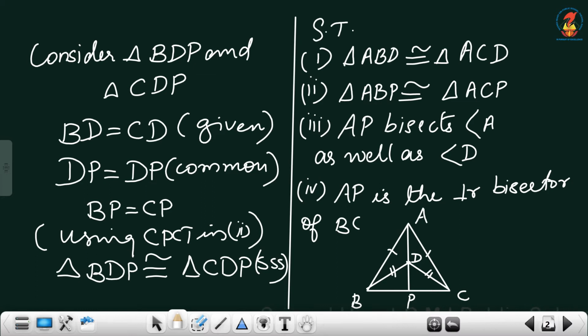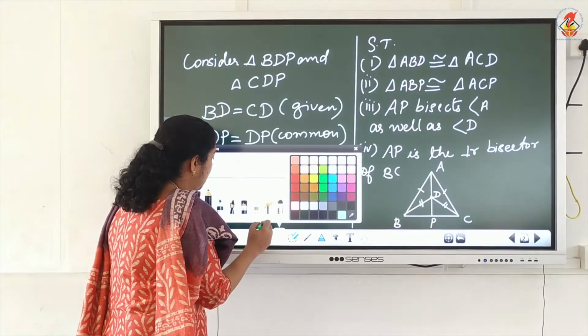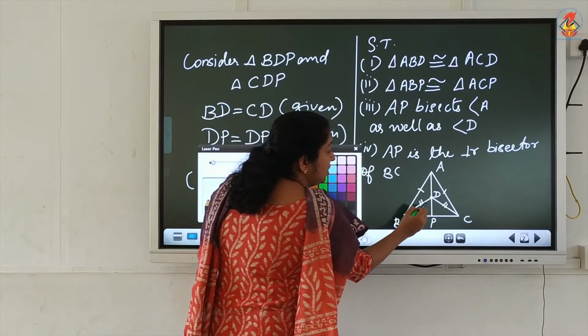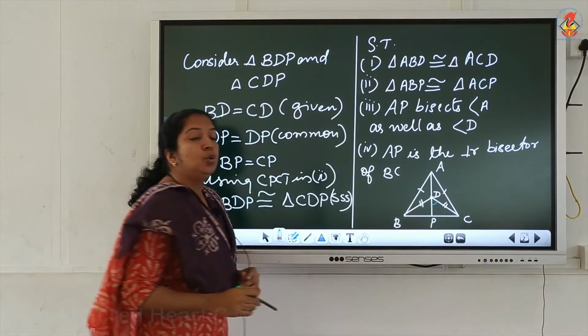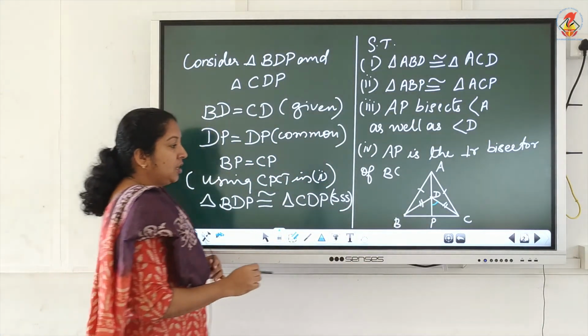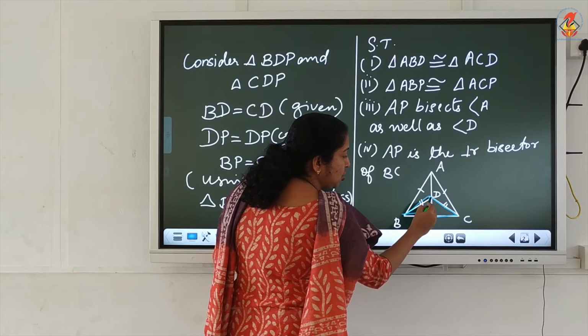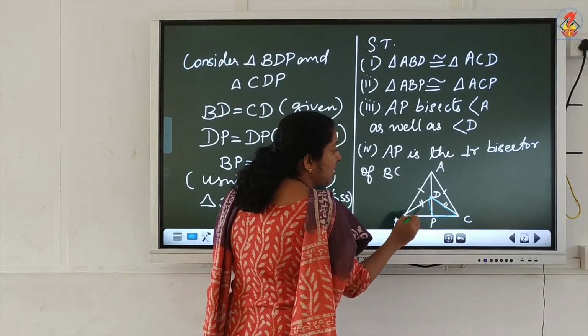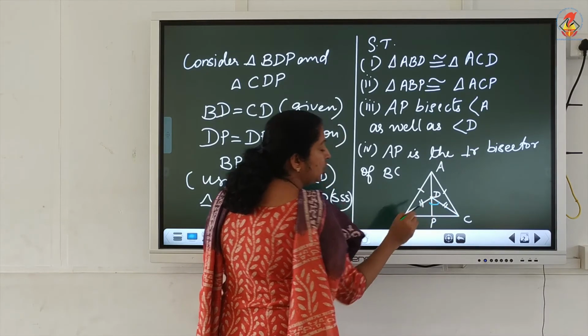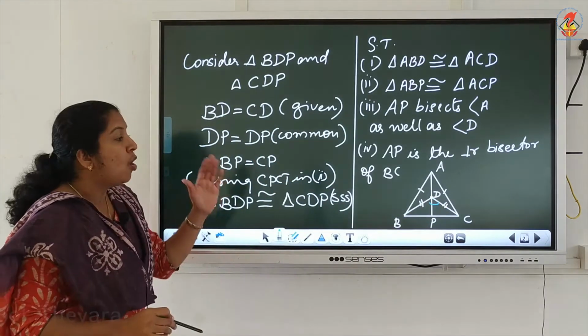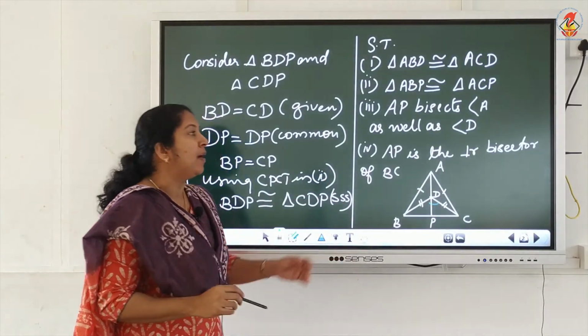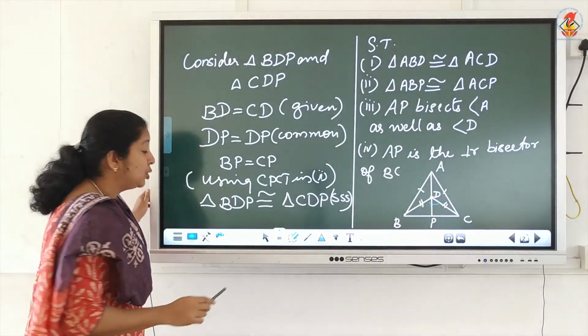If these two are congruent, we can say these two angles are equal using CPCT. What we proved is these two triangles are congruent. If these two triangles are congruent, we can say these two angles are equal using CPCT, or we can say AP bisects angle A also.